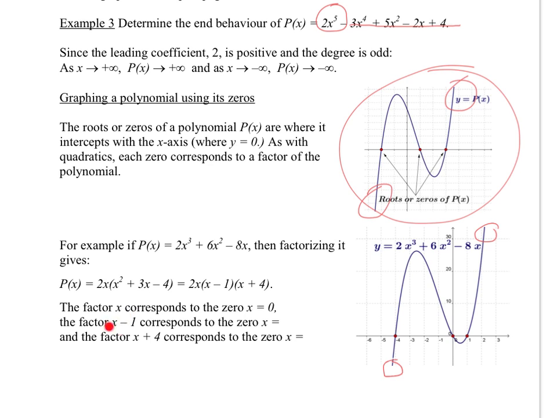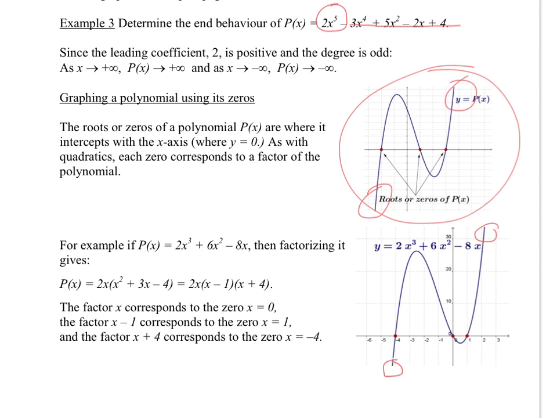The factor x minus 1, if you put that equal to 0, gives the value x equals 1. And then the factor x plus 4 will correspond to x equals minus 4. And that's why we've got 0, 1, and minus 4 on this graph as our x-intercepts.